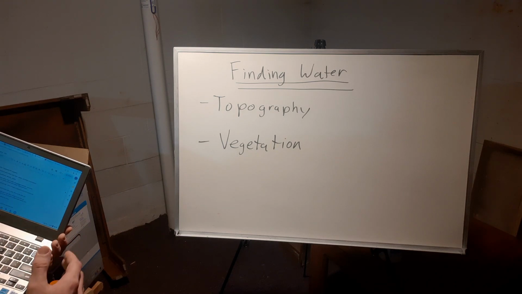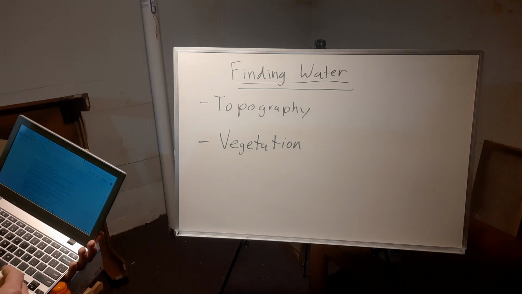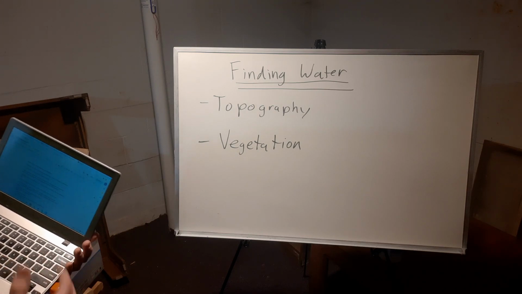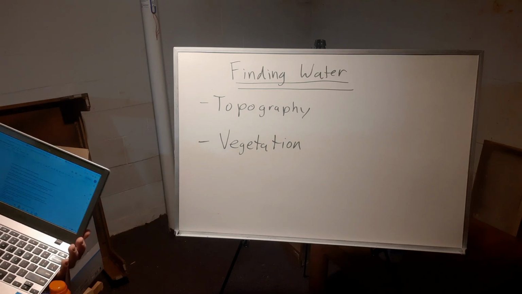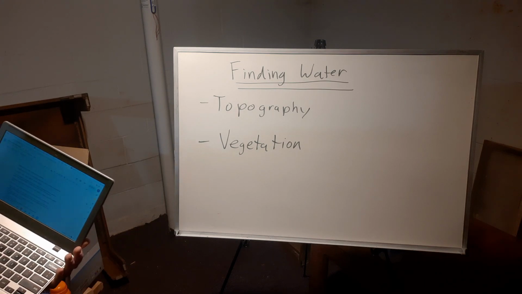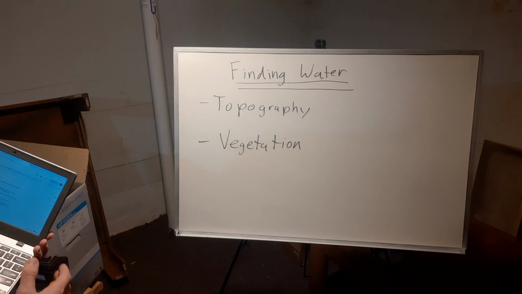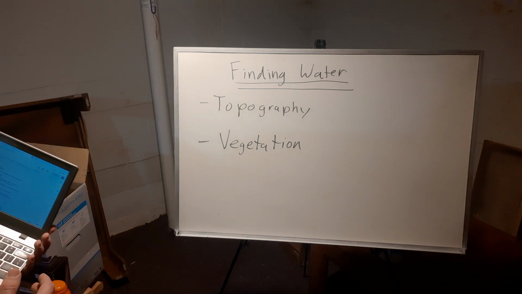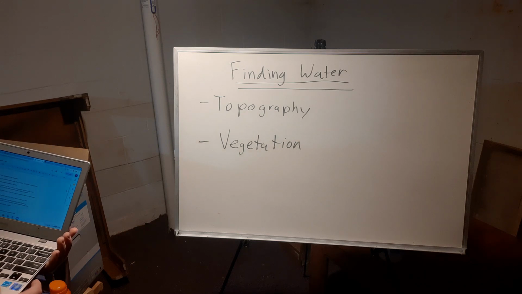Whether you're at the poles, in the northern latitudes, the mid-latitudes, the equator, jungles, deserts, temperate forests, boreal forests, it doesn't matter. Topography and vegetation are always going to show you where the water is, okay?